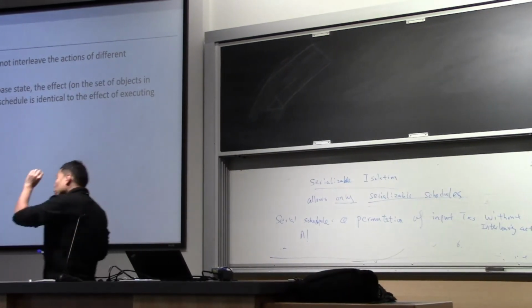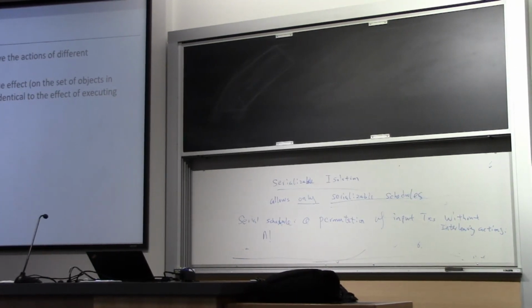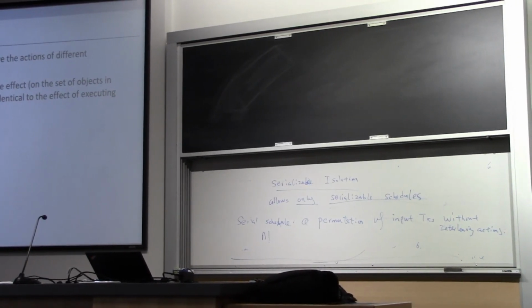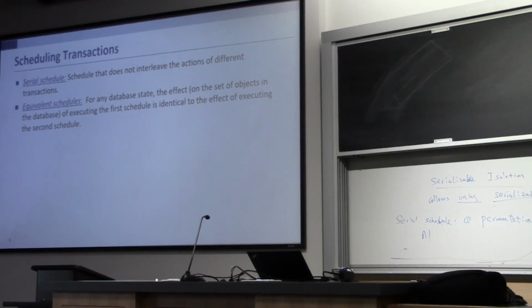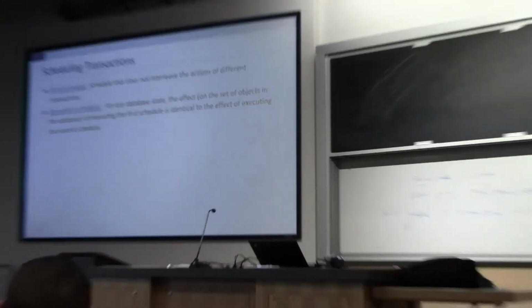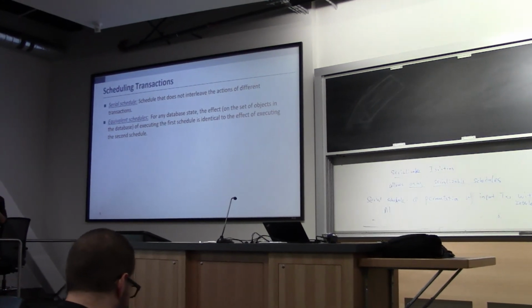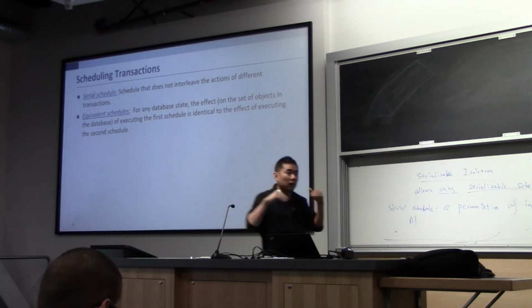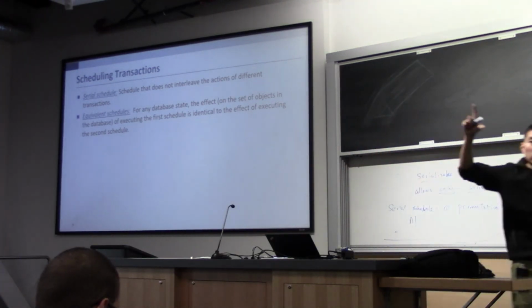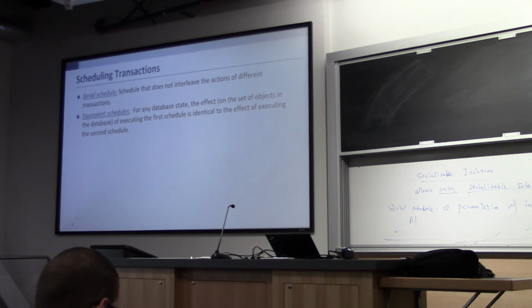Next we're going to talk about equivalent schedules. The equivalent schedule basically says: I take two schedules of the input transactions, and you can interleave actions from different transactions as much as you want, in any order you wish, in those two schedules. But at the end of the day, if the states of the database are equivalent after executing those transactions according to the two schedules, those two schedules are called equivalent schedules.